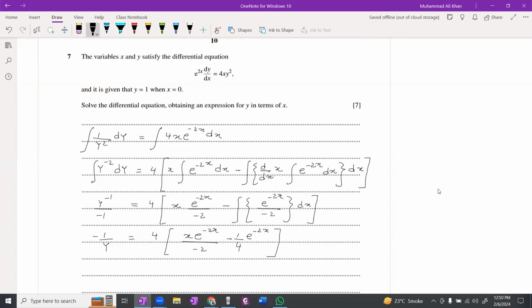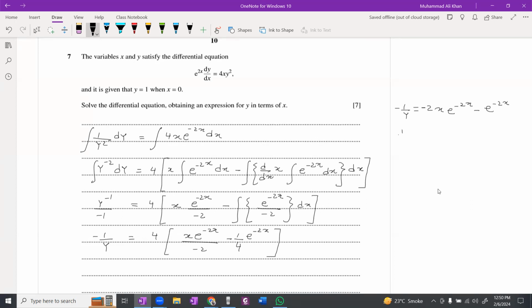This is the final integration of e power minus 2x and after that minus 1 upon y equals to, if we multiply 4 inside, it will be 2x e power minus 2x divided by minus 1, so minus will be here, and minus e power minus 2x, 4 multiplied.